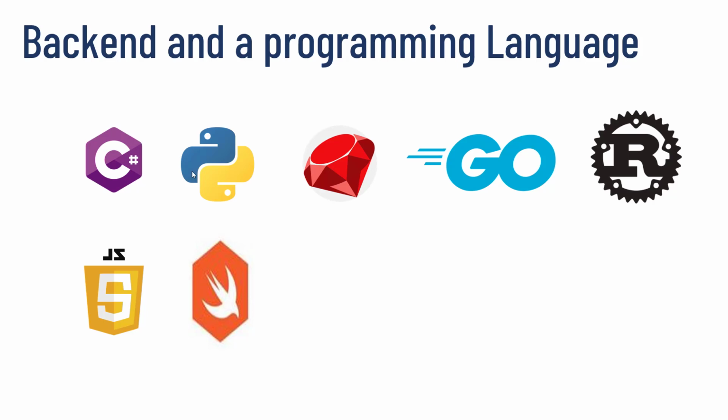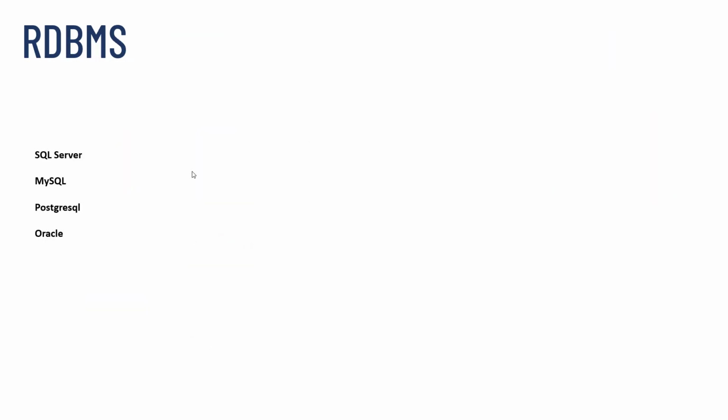Once you talk about backend, you have to deal with databases. One of the common RDBMS is essential for any web developer. Something like SQL Server, MySQL, Postgres, Oracle, or something else.